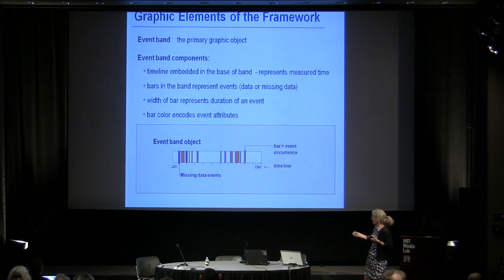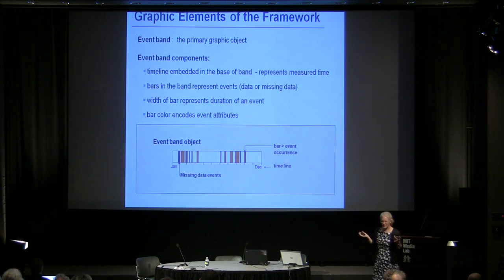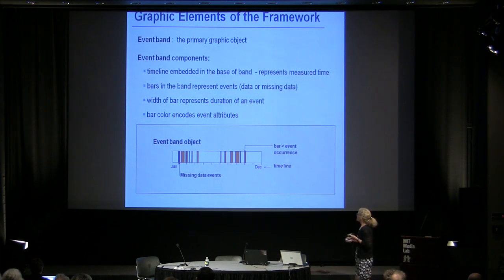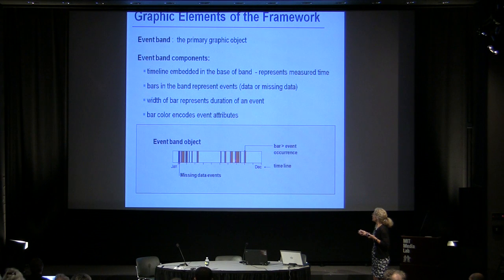And there is a timeline associated. We think of time as a dominant dimension here because we're looking at dynamic phenomena and interactions, so the timeline is important. That piece is not abstracted. But we have events in here that are displayed by their duration, and we can color code them by their type if we want to.